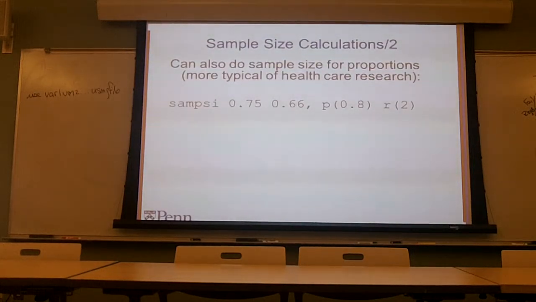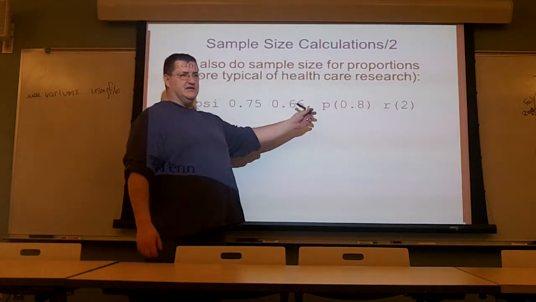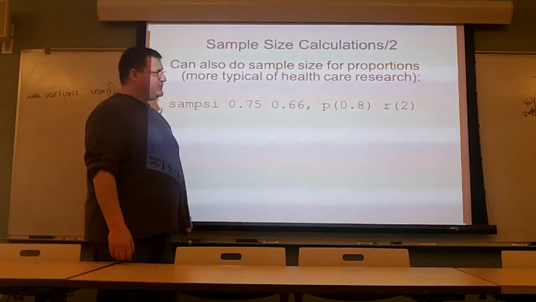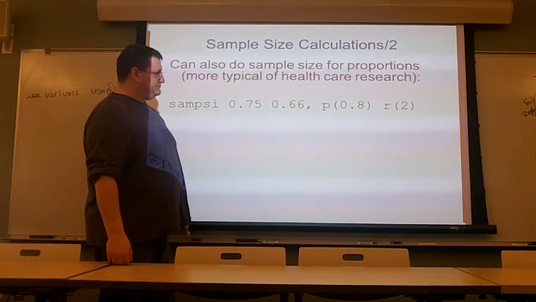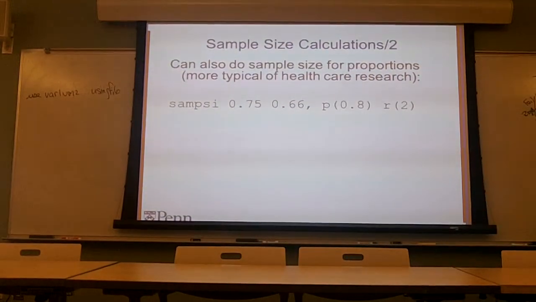The reason you would use the R here is that it's the ratio of one size to the other, as compared to whatever number you get first. So if you said N1 is 35, R2 is just going to assume 70.